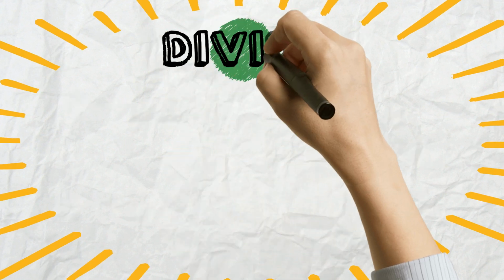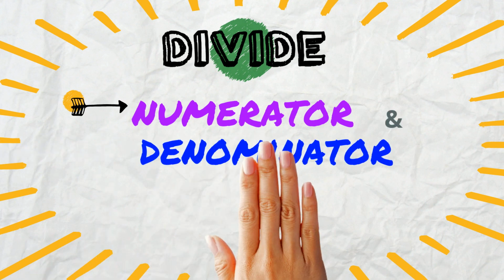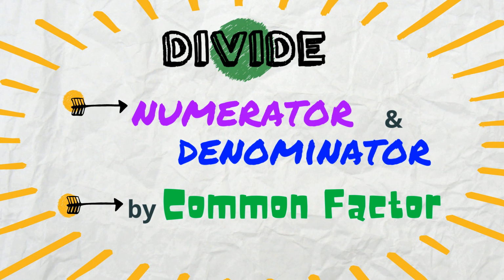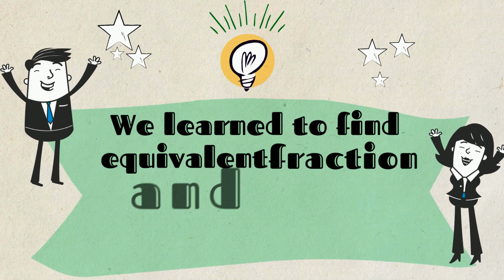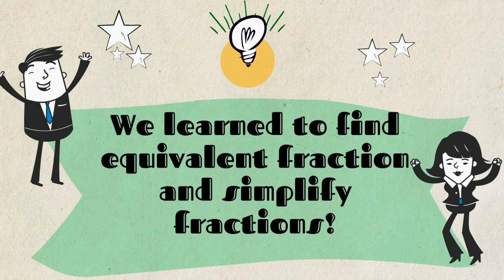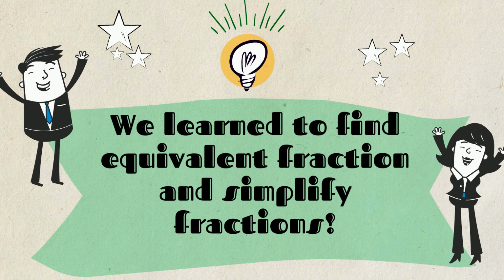To simplify fractions, we divide the numerator and denominator by their common factor. Have you learned how to find equivalent fractions by using times and divide?